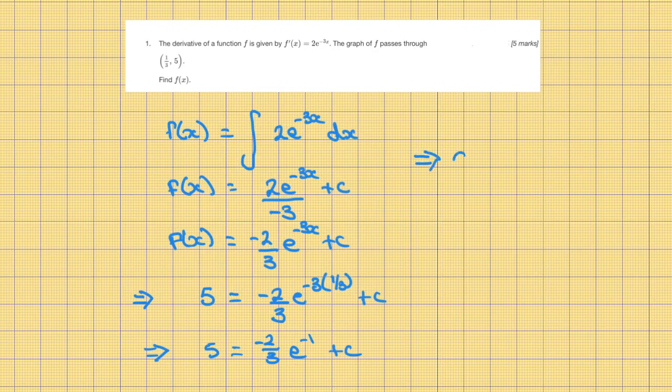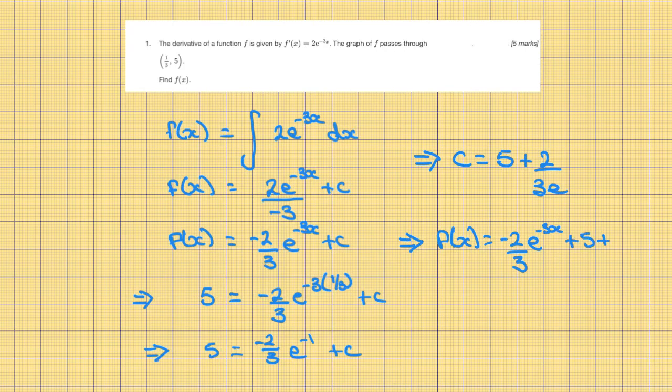Therefore c is equal to 5 plus 2 over 3e. Therefore f of x is equal to minus 2/3 e to the minus 3x plus 5 plus 2 over 3e.